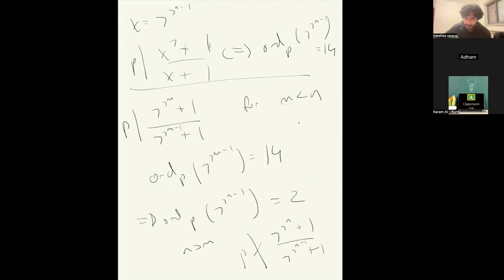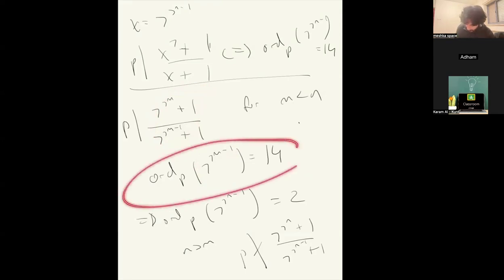So we're saying, let's say you have a prime divisor of one of the smaller ones, for some m less than n. Because of the argument that says if p divides x to the 7 plus 1 over x plus 1, then the order is 14. So this one has order 14, and this is 2, so p does not divide this.